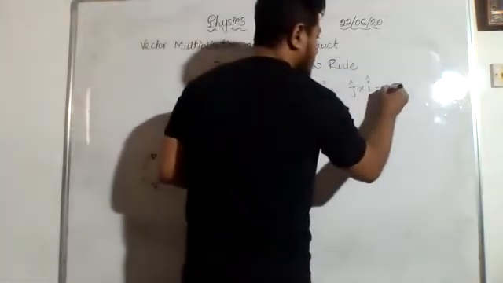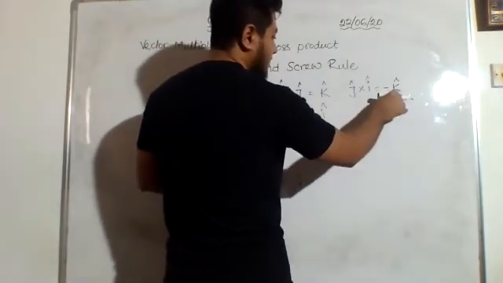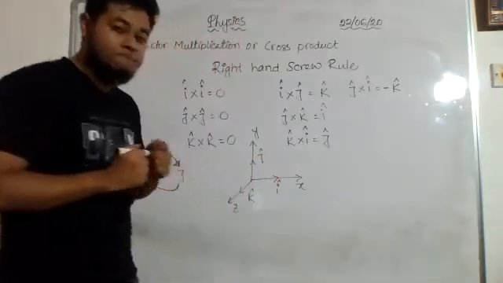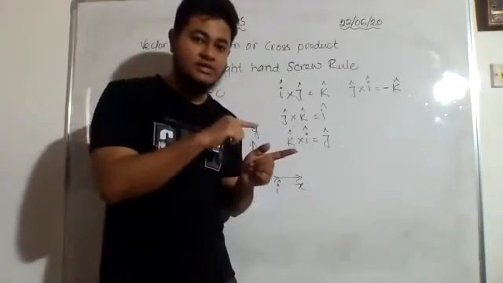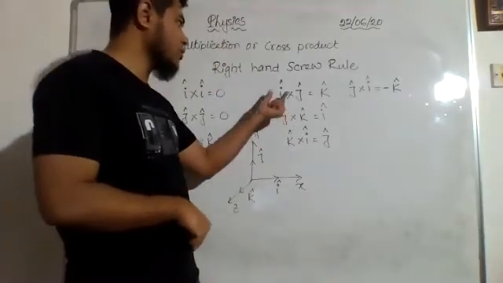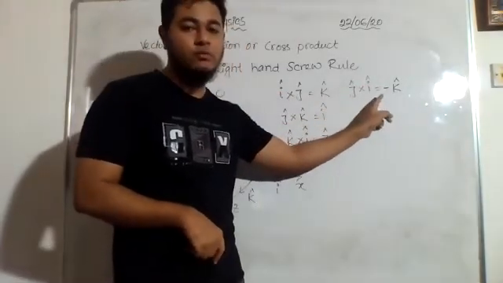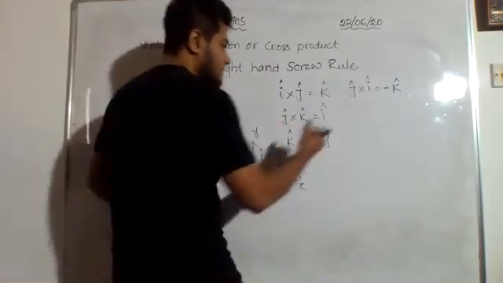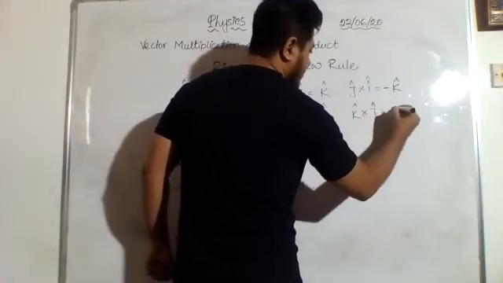As I have changed my direction, the magnitude of k is going to remain the same, but the direction has become reversed. You already know that a cross b is exactly the opposite direction of b cross a, which is why I put a minus before. So j cross i will have the same magnitude, just with a minus in front. Similarly, if we make j cross k into k cross j, it will be minus i.